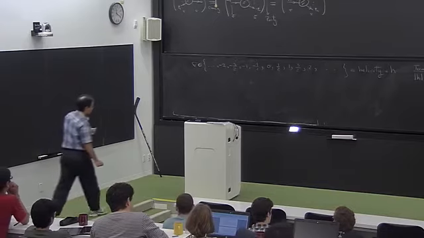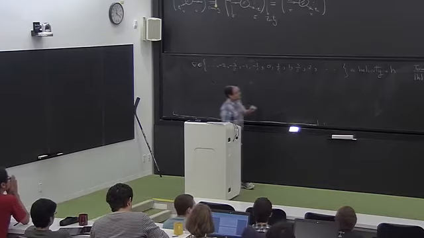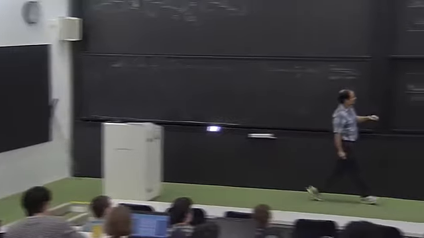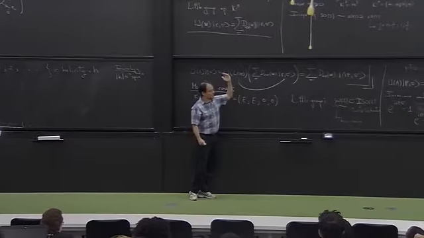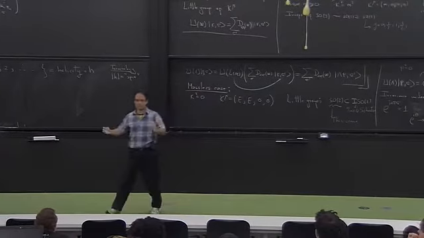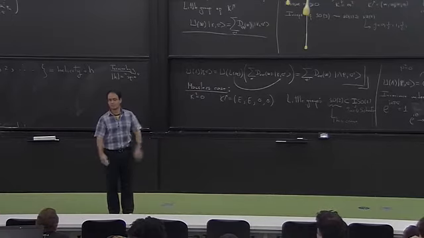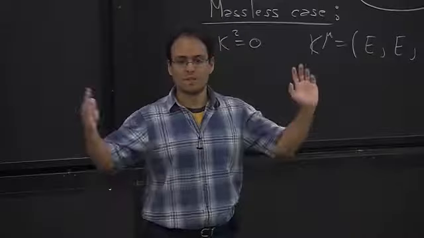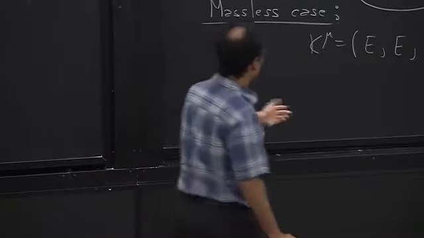If we were repeating this exercise, after all, we are theorists, so we can repeat this exercise in 6 space-time dimensions. So what would be the little group?